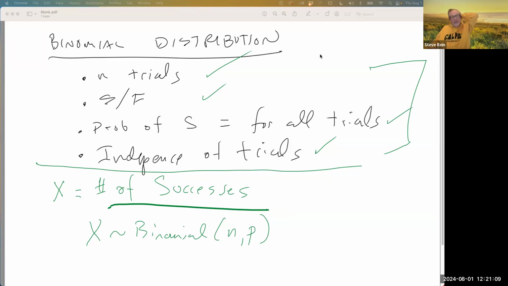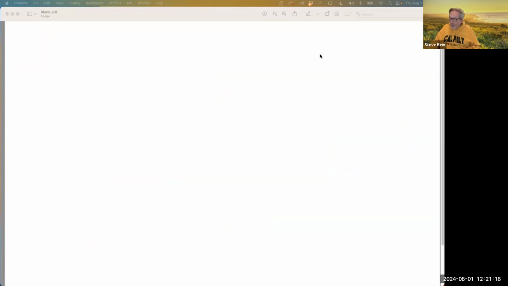Okay, so let's try an example. And let's take a screenshot of this so I can move forward. Supposing we're going to roll a die 5 times, so n is 5 rolls of the die, and there's a 1 in 6 chance of getting a 3 on the die.